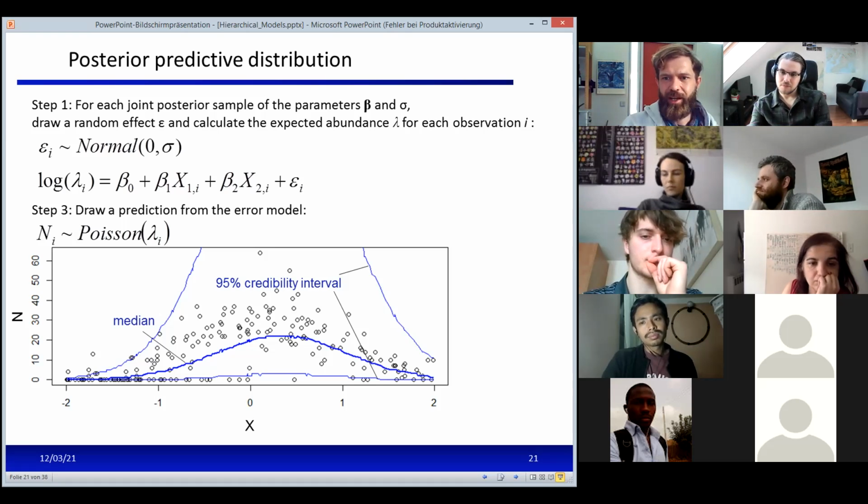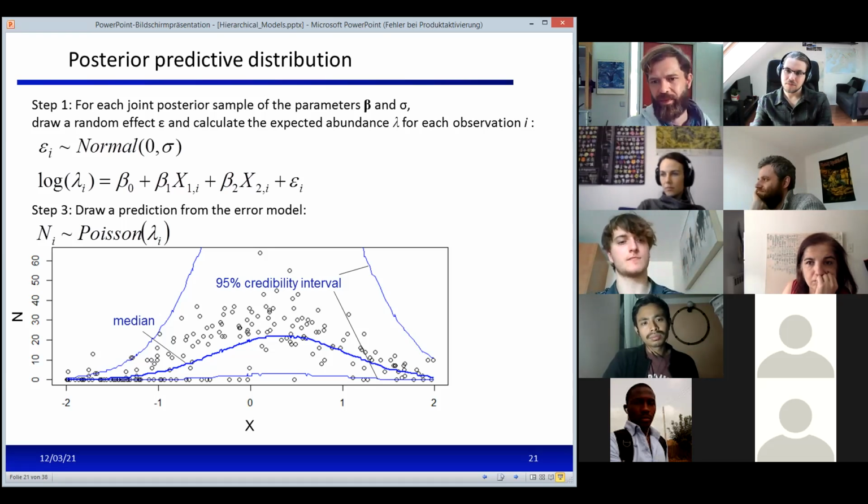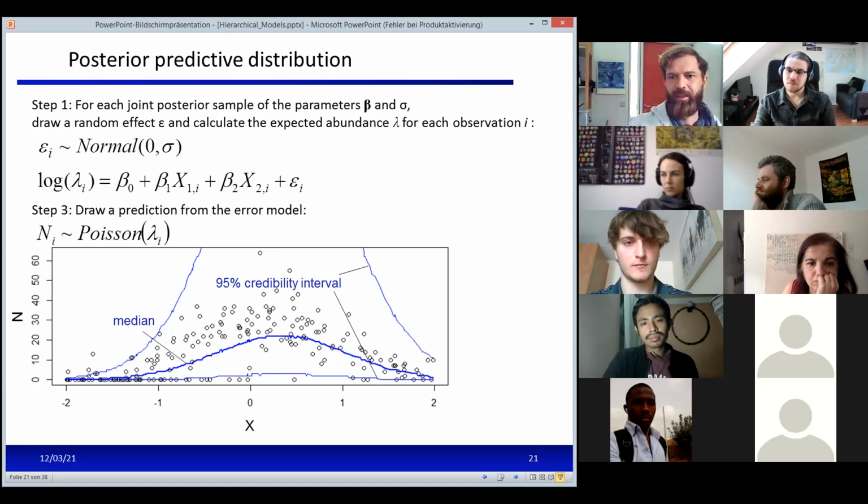with this Poisson error distribution, if we get a small value of lambda, say a lambda of 0.5, we already get a very high probability for a 0 according to the Poisson distribution.